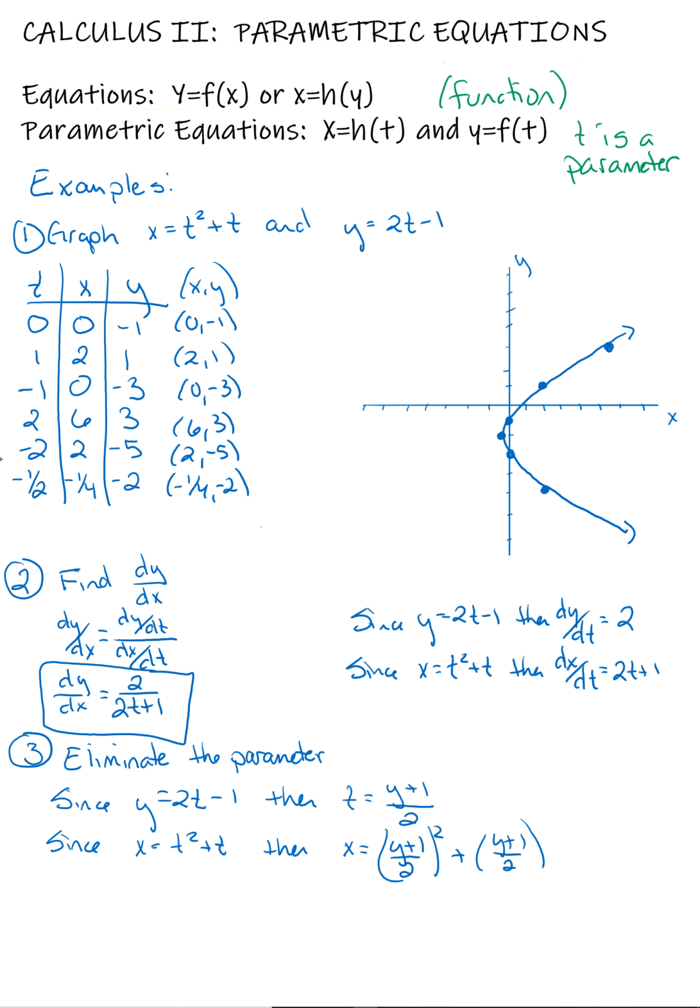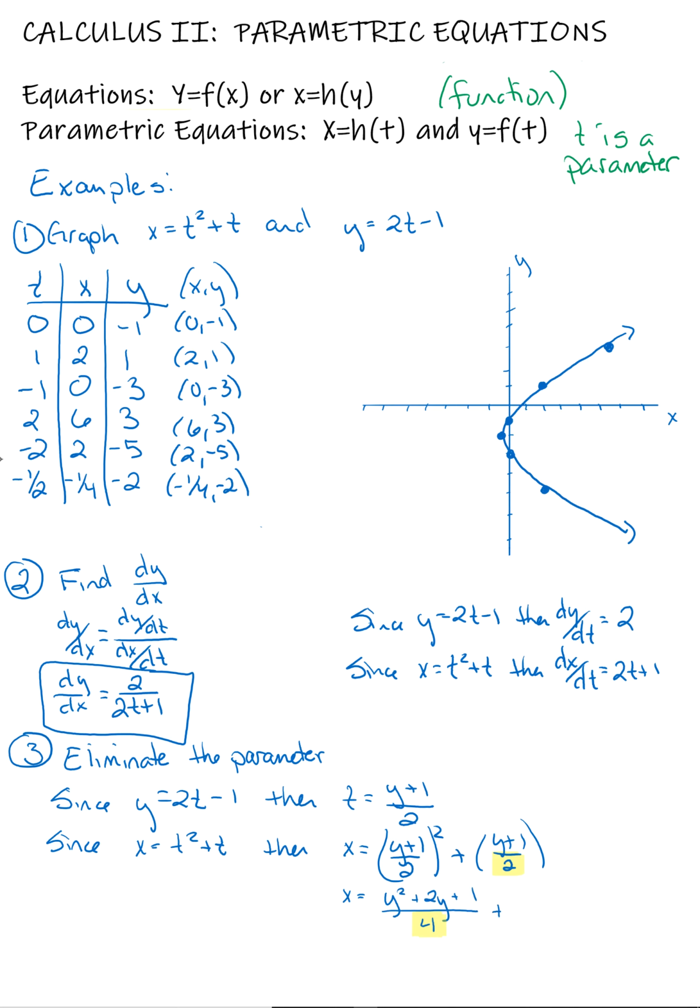All right, I think we can simplify this a little bit. x is (y plus 1) squared over 2 squared. Remember, you're going to write that as a binomial and multiply it out. That's y squared plus 2y plus 1 over 4, plus, I do recognize that I have a denominator of 4 here and a denominator of 2 there.